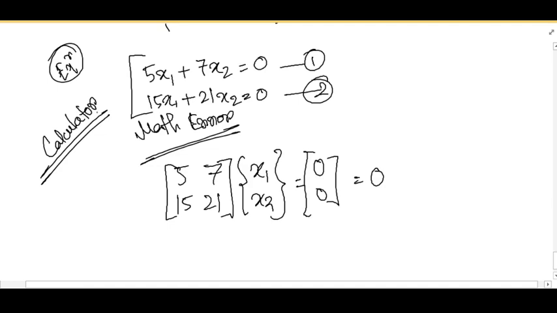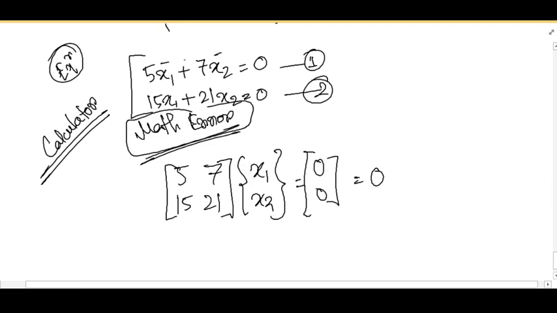Because we multiplied by 3, we have used the same equation twice, so it cannot give you a particular definite solution. That's why it shows a math error. Basically this is only one equation in x1 and x2, and to get a particular set of solutions for x1 and x2, we need 2 different equations, as you know.